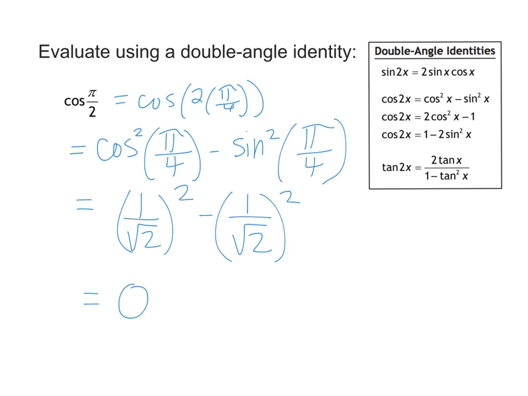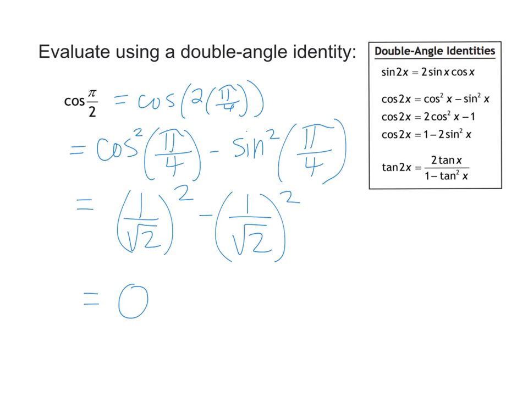And we already knew that the cosine of pi over 2 is 0 because we evaluated that type before. So the double angle only works if the half of it is in the special triangle, right? Yeah. The double angle identities work if your two angles are the same, or if you can divide that angle by 2 and you get a special angle.